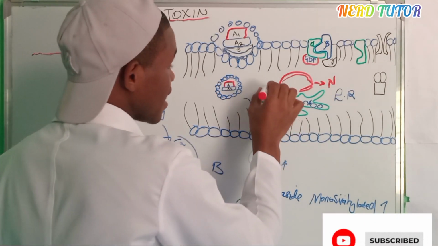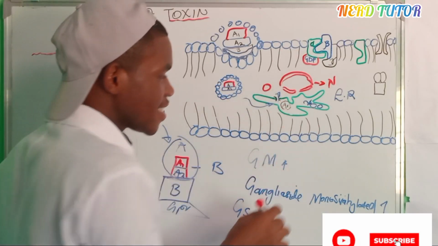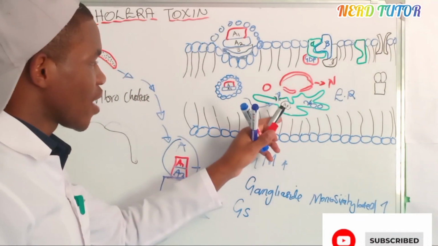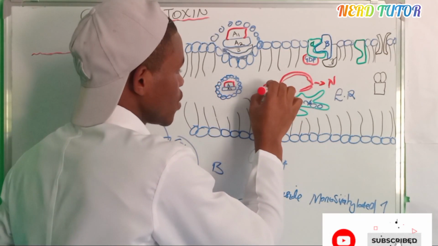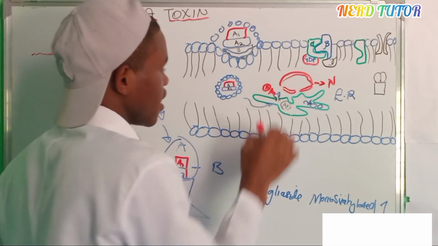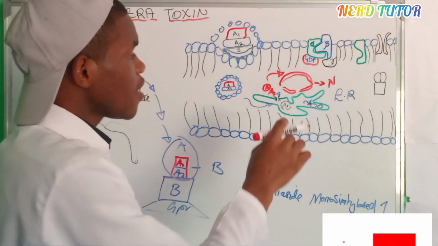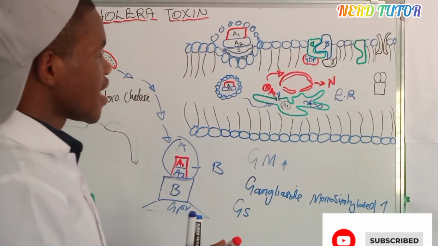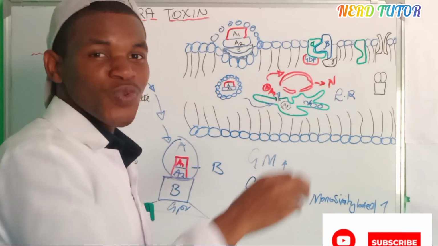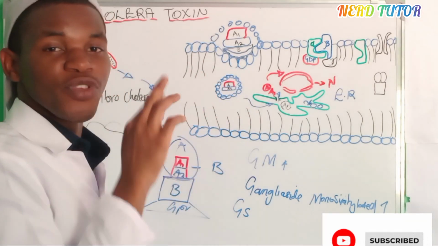So now when this guy comes out, let's say the A1 has now come out. It is now moving, going to target the what? The GS protein. So now the GS protein, it is connected to what? To three subunits.